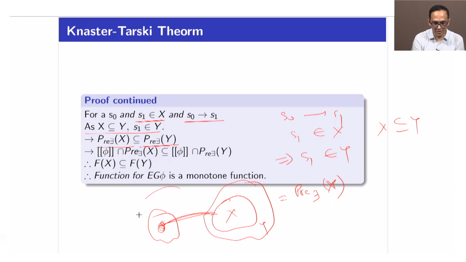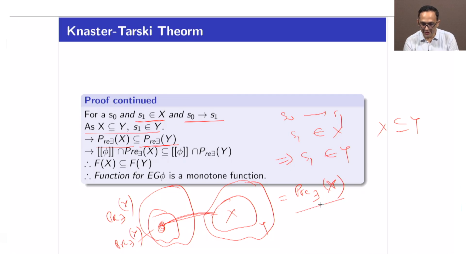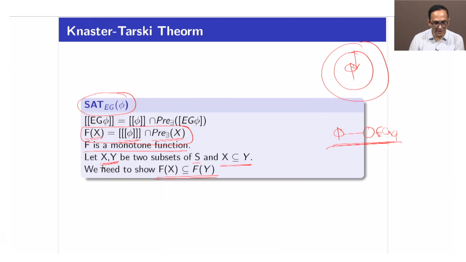So, this is pre-exists of y, and this is pre-exists of x. I can say that pre-exists of x is a subset of pre-exists of y, which is very obvious, right. Now, the function I have taken is phi intersection of this.